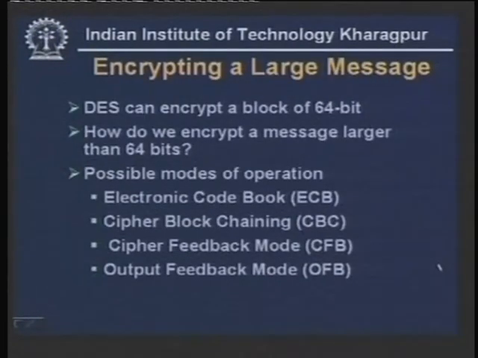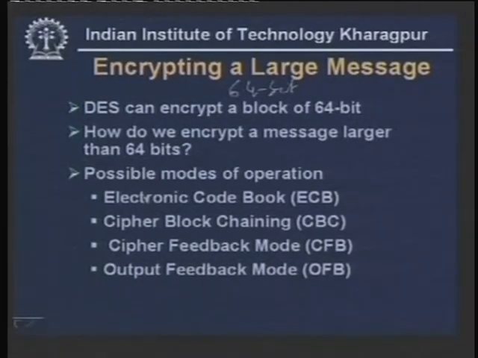Now, although DES works only on 64-bit blocks of data, there is a need for encrypting large messages, or sometimes small messages. How can it be done using DES? That can be done by using different modes of operation of DES.